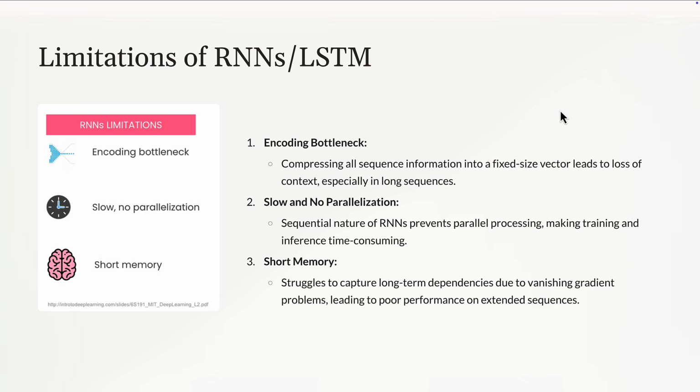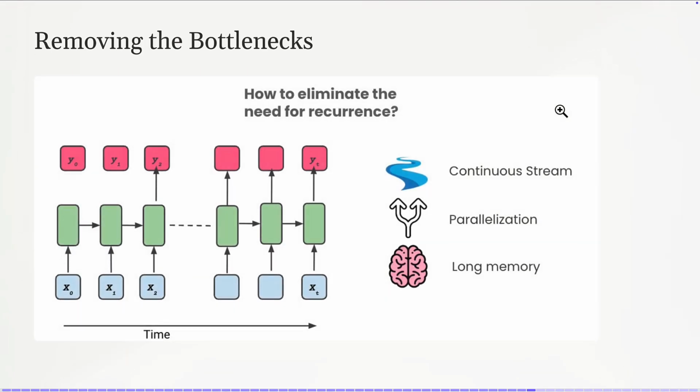But for sophisticated applications, the transformer was the solution to overcome these limitations. Now, thinking again about removing these bottlenecks, how do we eliminate the need for recurrence, or sequence processing?